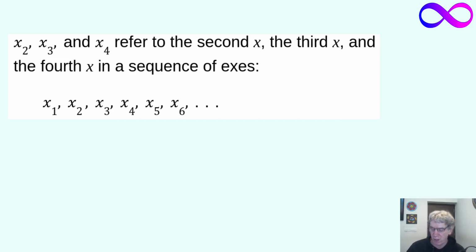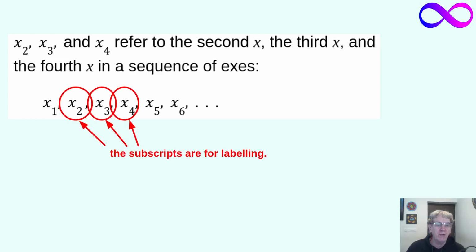That's what they're for. Now, by the way, let's read this: x1, comma, x2, comma, x3, comma, x4, comma, x5, comma, x6, and so on. Or some people will say dot, dot, dot. That is a mathematical symbol there, those three dots, meaning that it just goes on, okay? It goes on as you would expect.